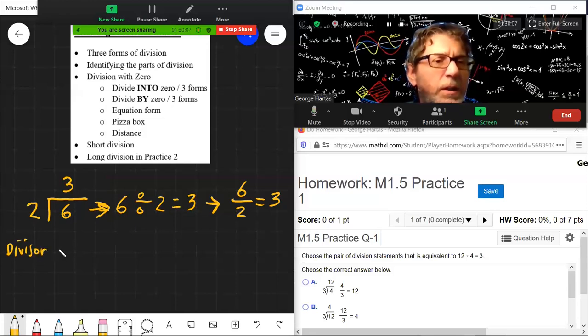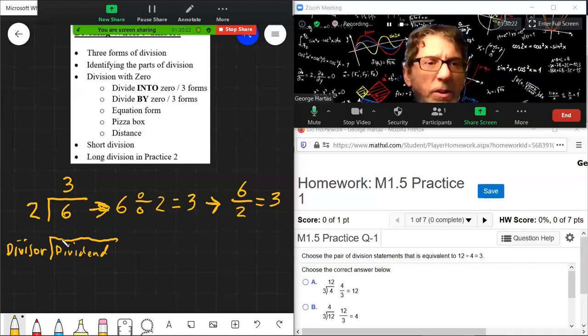The number inside the box is the dividend. And the number up here is the answer, also known as the quotient. So that's how you would label each of these numbers for that setup.